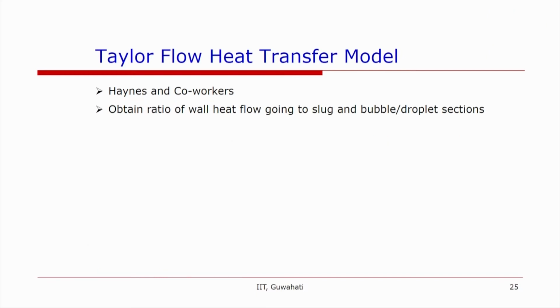Okay. So, based on this, we can write the heat flux Q by the dispersed phase is equal to m dot dispersed phase, Cp d, into delta T of dispersed phase.